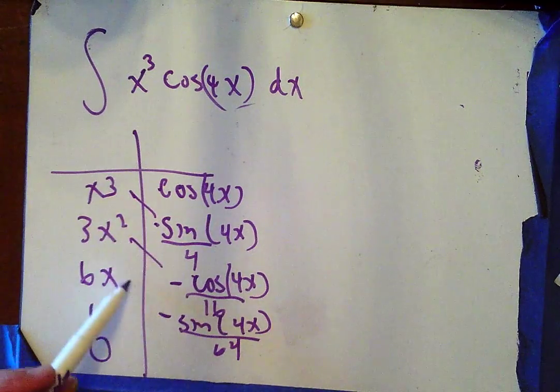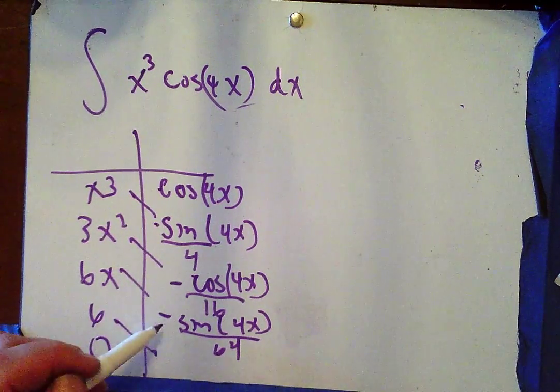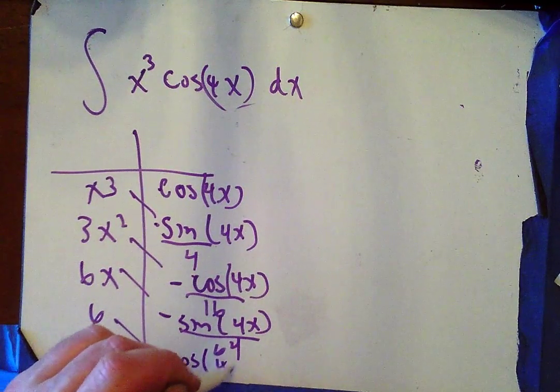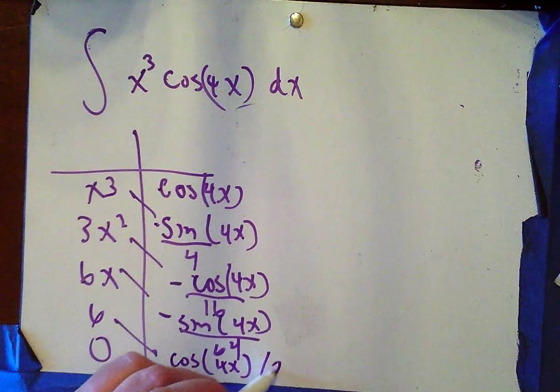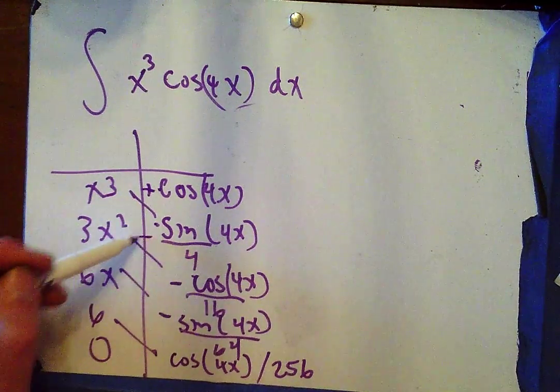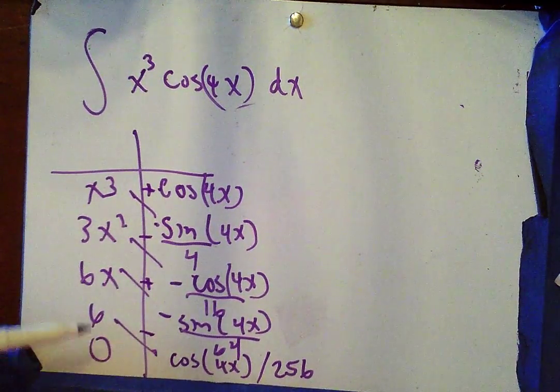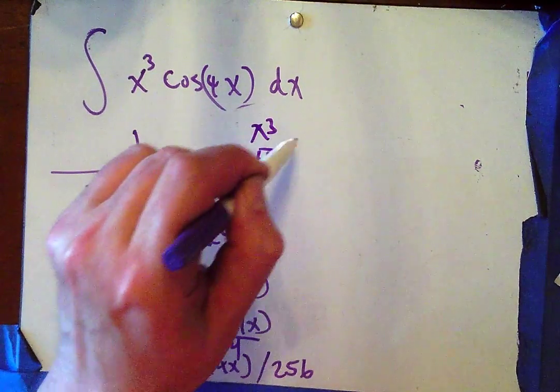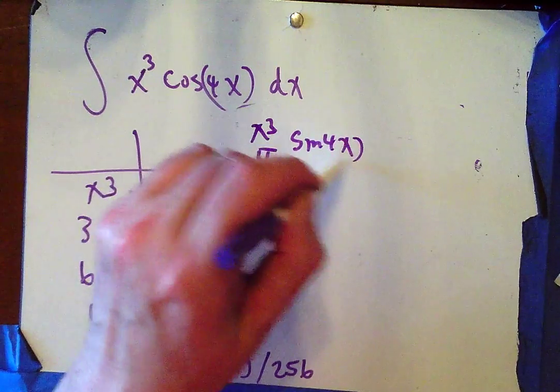And if I'm right, I need one more. The antiderivative of negative sine is going to be positive cosine 4x divided by 256. So, plus, minus, plus, minus. So here I'm going to have x to the third over 4 sine 4x.